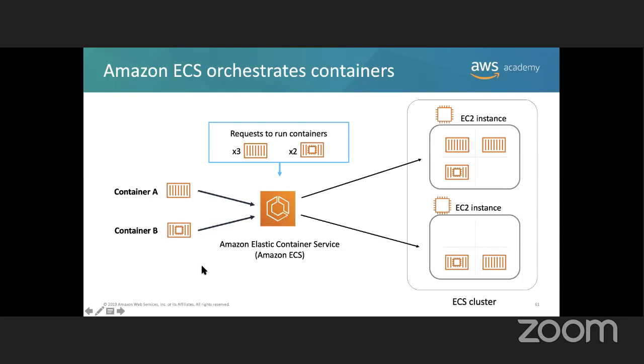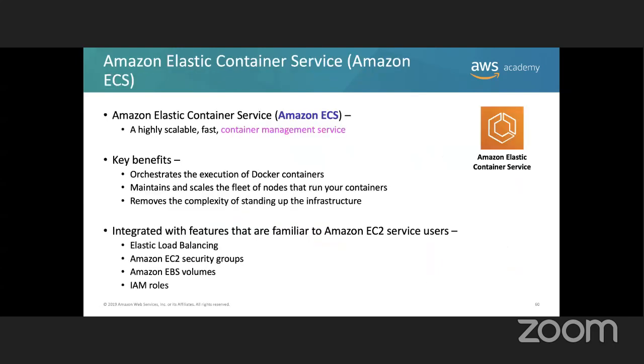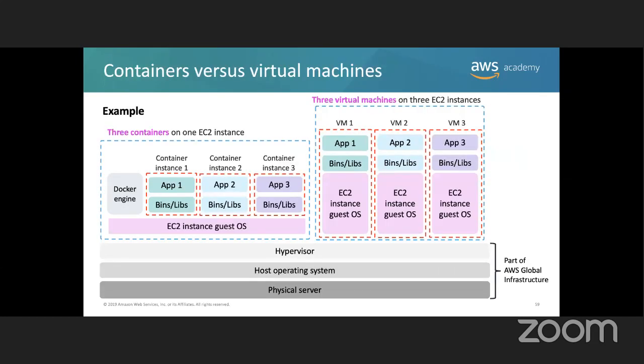Question: what about the cost analysis of building an EC2 just outside of a container, because you're adding a hypervisor and an OS under that? No, I'm not adding that. That's already there. That's AWS infrastructure.